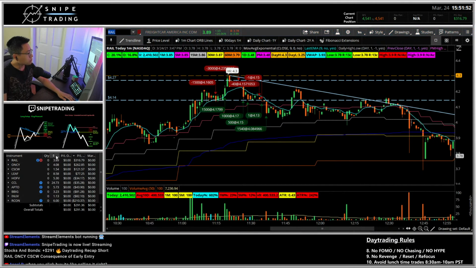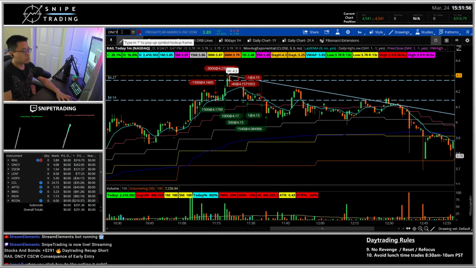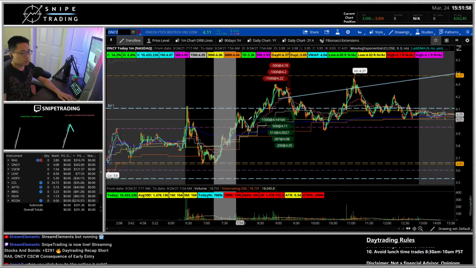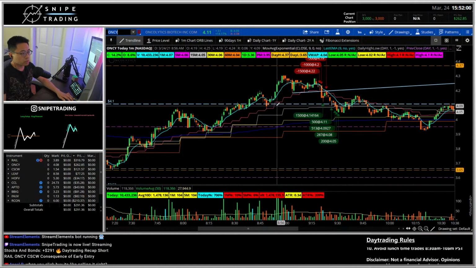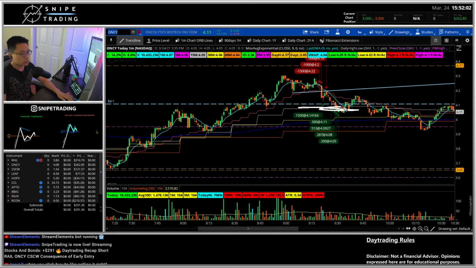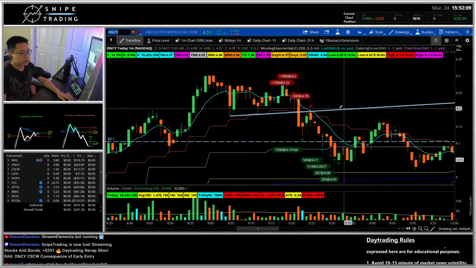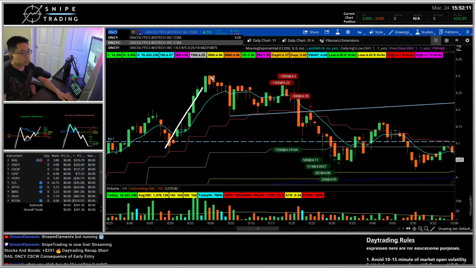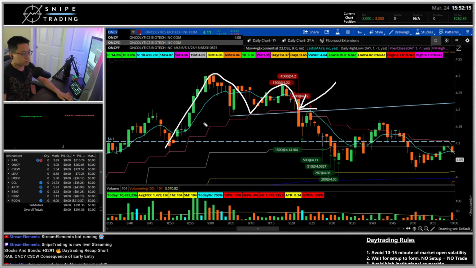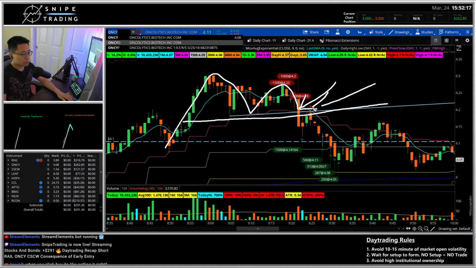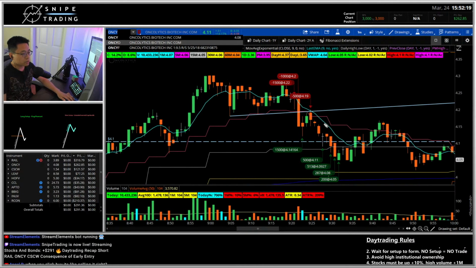The next big winner was ONCY. Also the 5 minute chart going towards the 15-minute. You can see it trending on the 5 minute chart, and an inverted cup and handle forming here. I took that short, took that break, covered a bit there, and re-added on the pop.